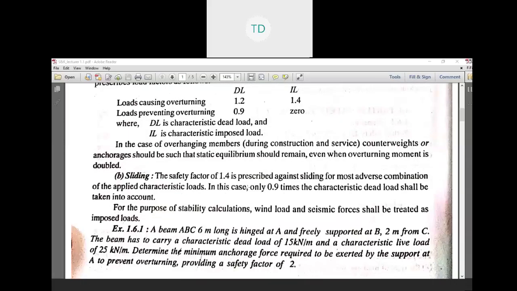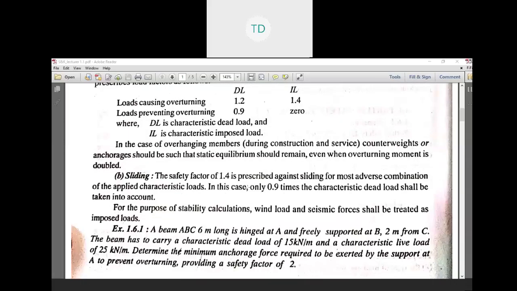In case of overturning, the members, counterweight or anchorage should be such that static equilibrium remains even when the overturning moment is doubled. Second is sliding.